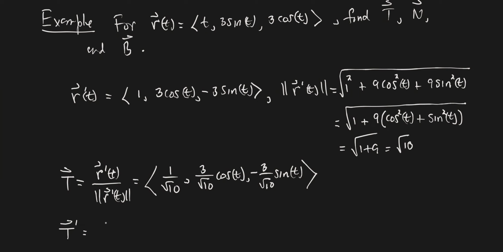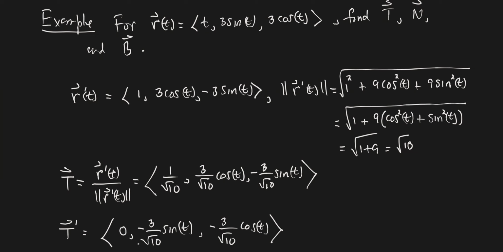So let's go ahead and find our T prime. Well, what's nice about the first component is that now when I differentiate this constant, I'll get 0. When I differentiate my 3 over root 10 cosine of t, I'll get negative 3 over root 10 sine of t. And then when I differentiate negative 3 over root 10 sine, I'll get a negative 3 over root 10 cosine of t.